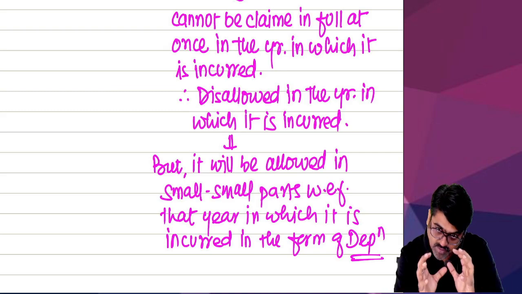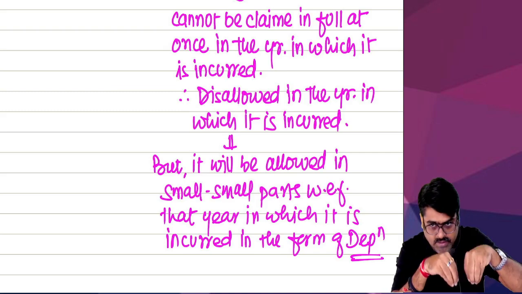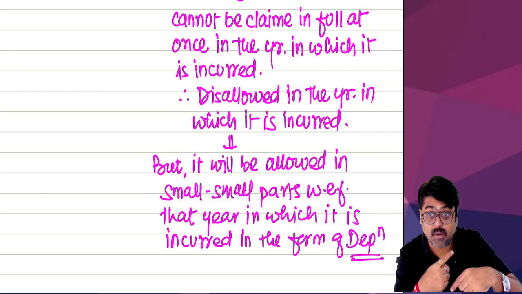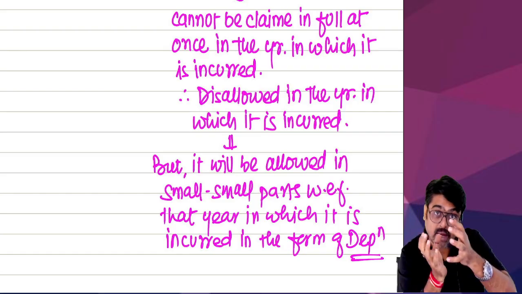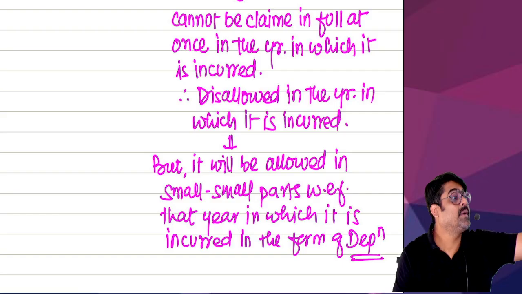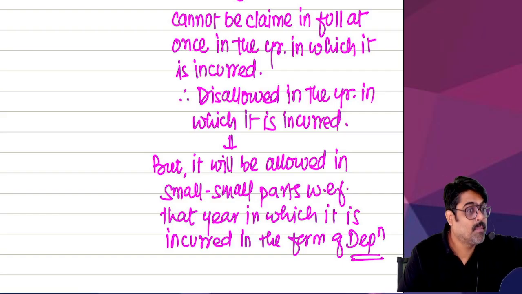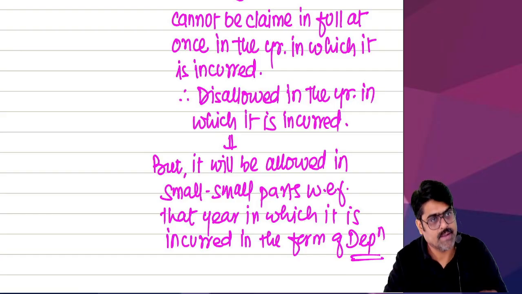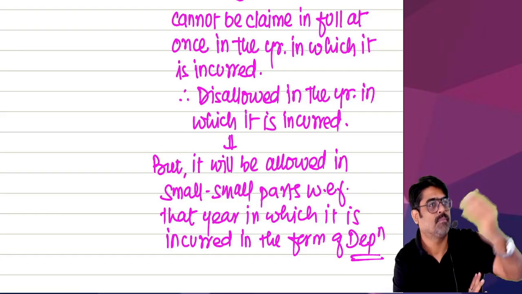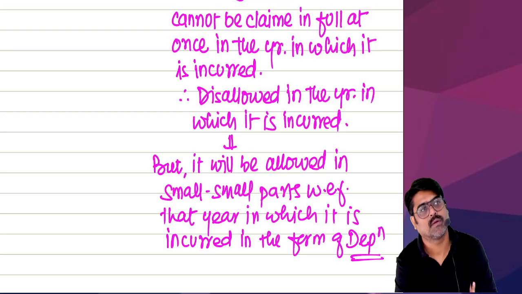Now, out of this 5 lakh, some amount will be allowed in this year in the form of depreciation, and the balance amount will be allowed in subsequent years in small parts in the form of depreciation. Projector I have purchased for 1 lakh rupees.